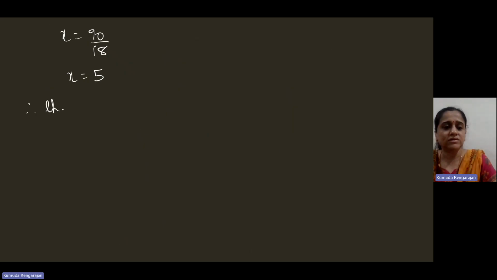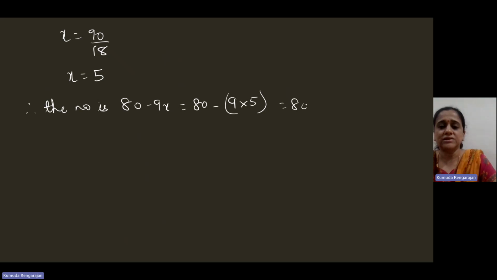Therefore, the number is 80 minus 9x, which is 80 minus 9 into 5. So that is 80 minus 45, which is 35. So the number is 35.